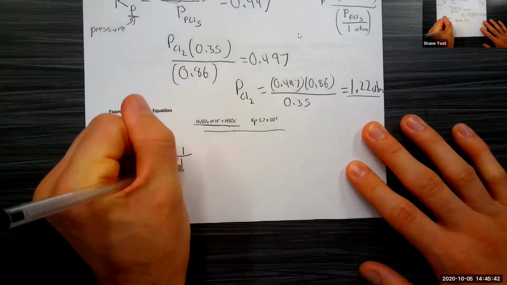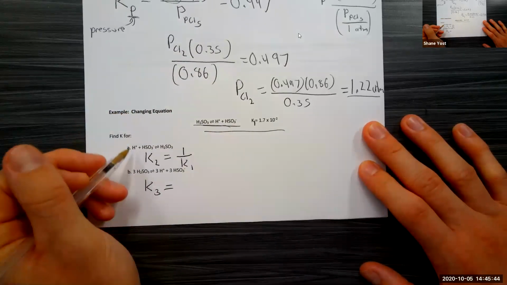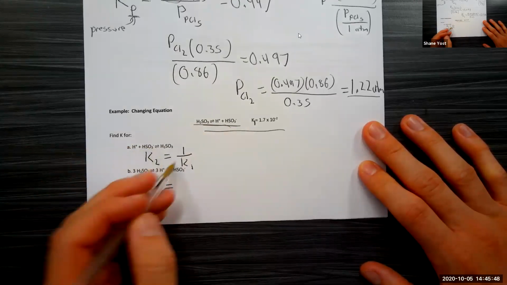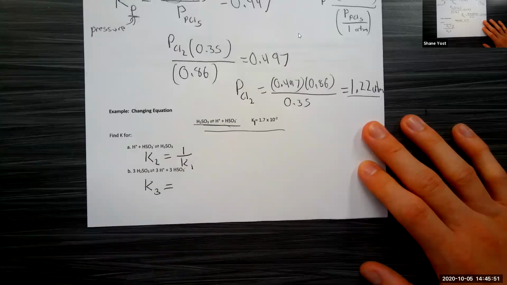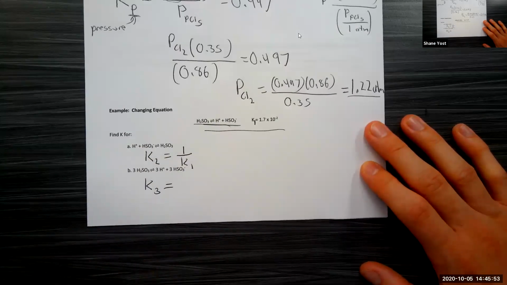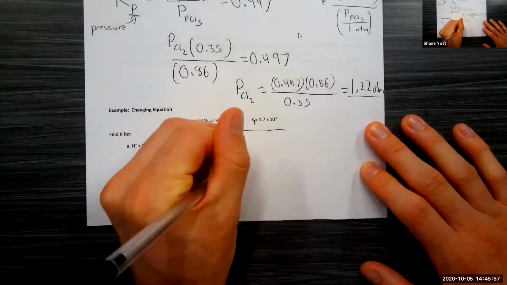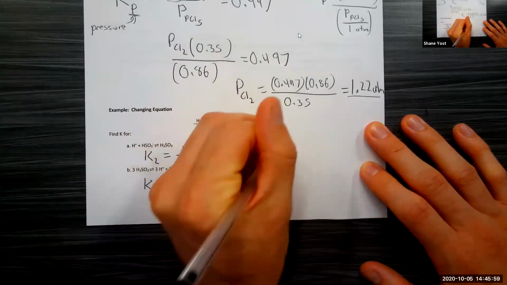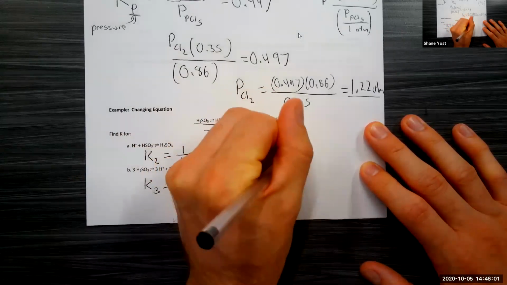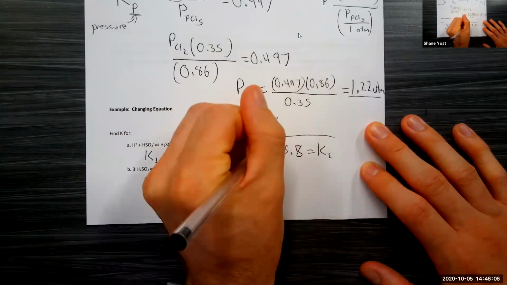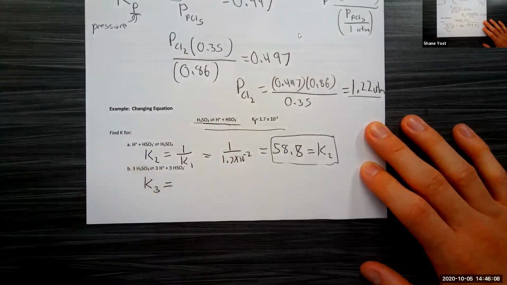This is going to be 1 over K1, because I flipped my reaction, so that flips the equilibrium constant expression and value. So this is equal to 1 divided by 1.7 times 10 to the minus 2, which ends up being 58.8. That's the equilibrium constant for reaction A.